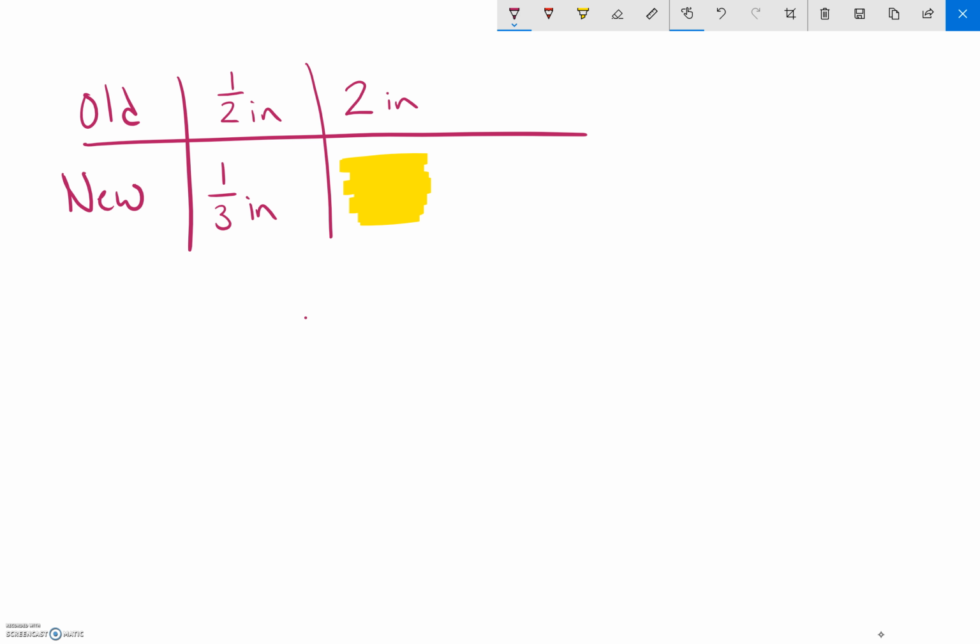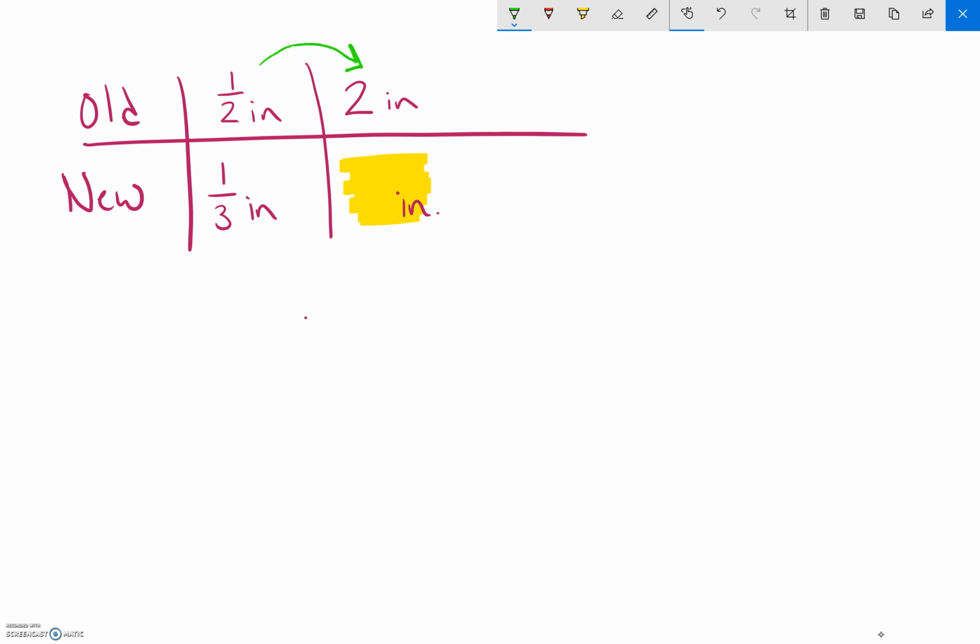It's going to be in inches. And now we have a couple of ways to look at this. When we're looking at these ratios, we can compare old to new. And we can ask ourselves, what do you multiply or divide 1/2 by to get 1/3? And it would be pretty tricky. So you can look vertically like that. If that looks like it's going to be challenging, then you can look horizontally.